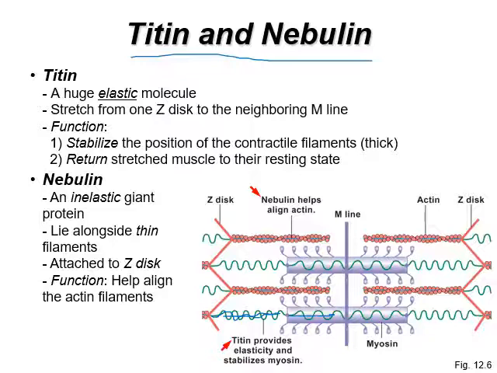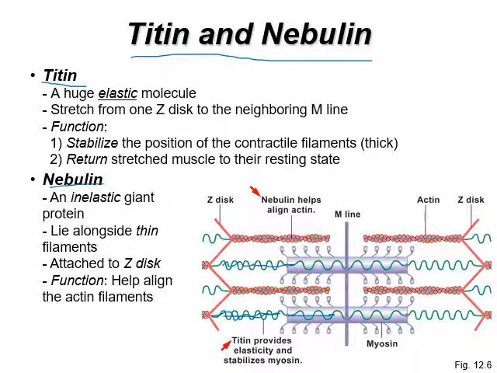Okay, what would happen if it stretches too far, right? You can break this, but this titin is this elastic molecule that helps stabilize and also allows stretch of the muscle so it's not rigid. Okay, this is actually the largest protein in your body. Nebulin.